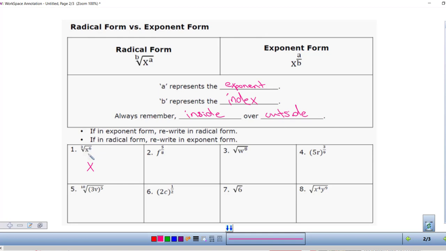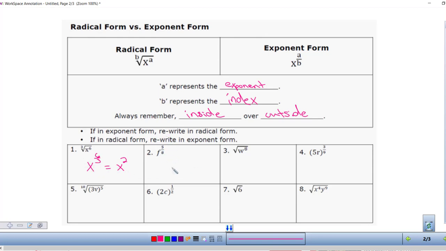We keep whatever the base is, stays the base. We are only looking at the two numbers here and here. So 6 is on the inside, 3 is on the outside. I would put 6 over 3, inside over outside. We could simplify this. 6 divided by 3 is 2, but if you keep it like this, for now, that's okay.